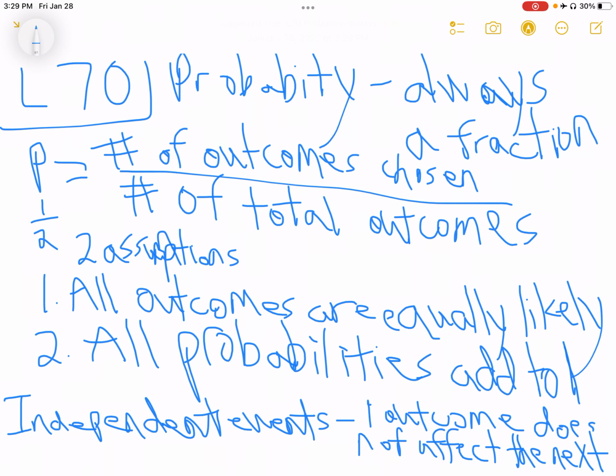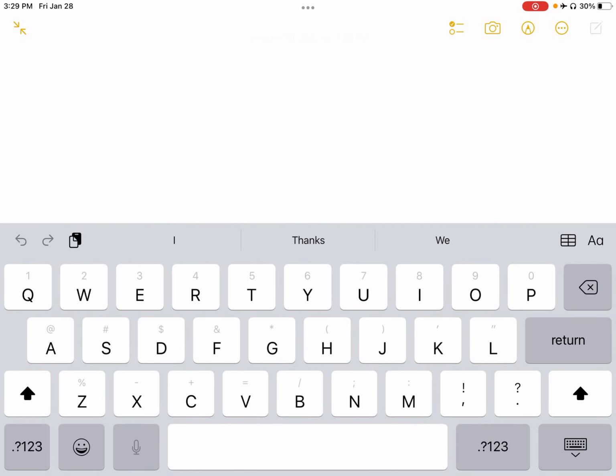Okay, so that's that, and let's look at a couple examples here. So if we had a coin, and in the book, you can look at how it's worded, but it says a fair coin, right? So a fair coin, it's a very uniform coin. There's nothing weird about it. It's tossed 3 times and comes up heads every time. What is the probability that on the next toss it will come up heads?